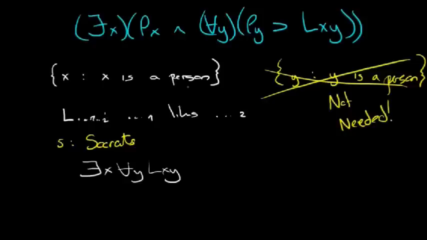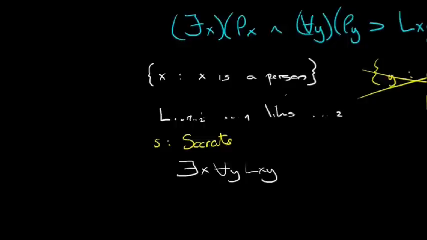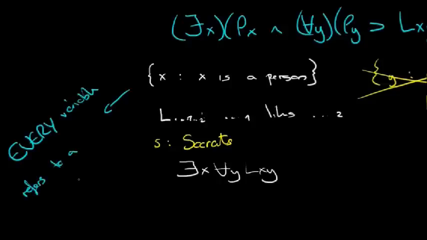So long as we've got this, it just means that every single variable refers to a person. Right, so if we had a z in there as well as another variable, again that would refer to a person. It restricts the domain for every single variable.